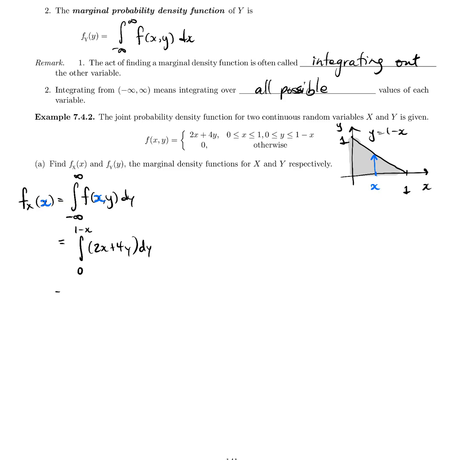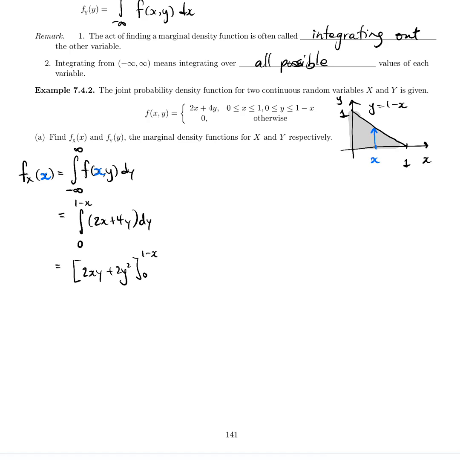It's now just an integral. We anti-differentiate to get 2xy plus 2y squared, running from 0 to 1 minus x. So we get 2x times (1 minus x) plus 2 times (1 minus x) squared, minus 0 plus 0.